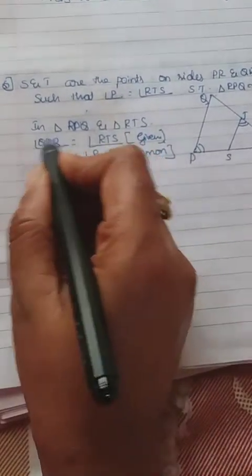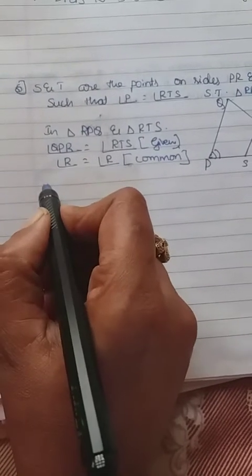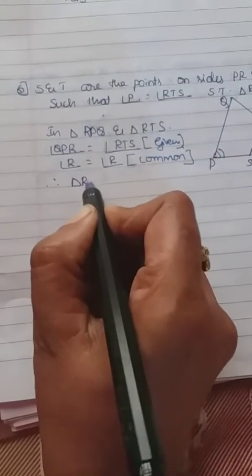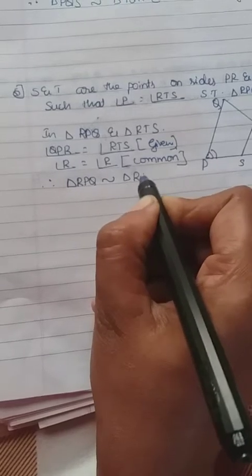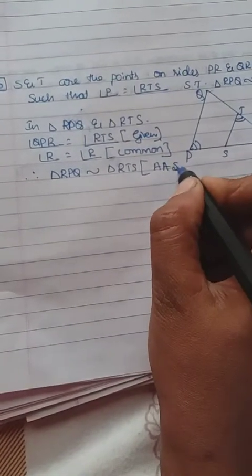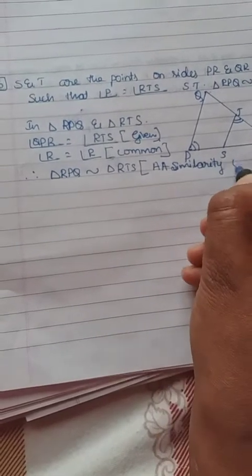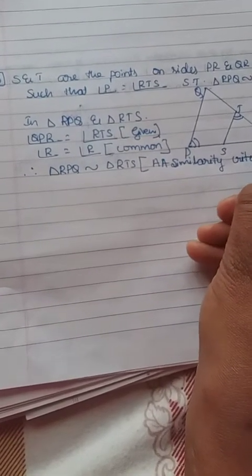So if two angles are equal, according to the AA similarity criteria we can write, therefore triangle RPQ is similar to triangle RTS. Which criteria is it? AA, two angles are equal, that is the AA similarity criteria. What is AA similarity criteria?